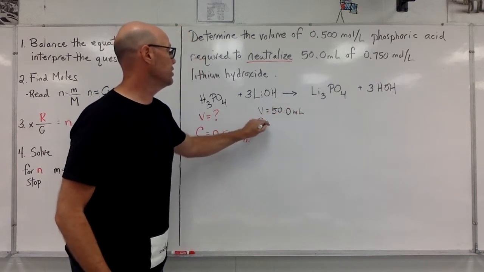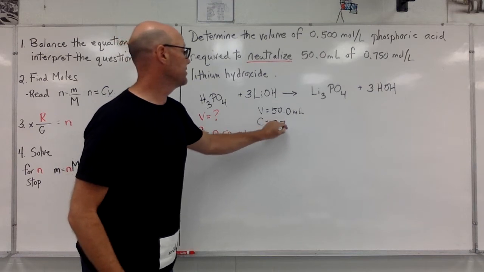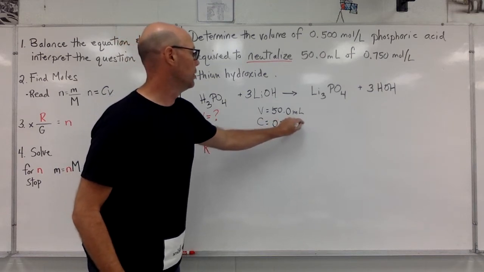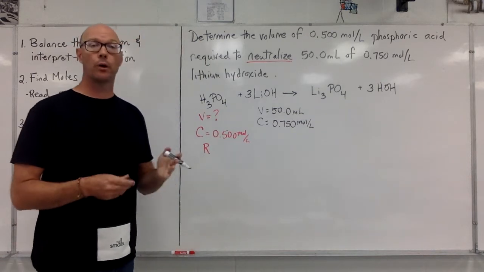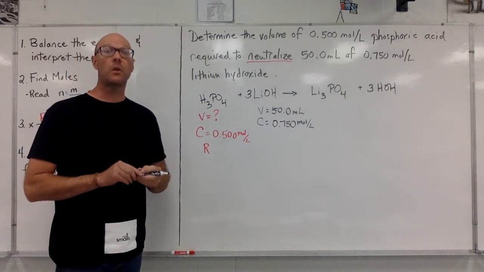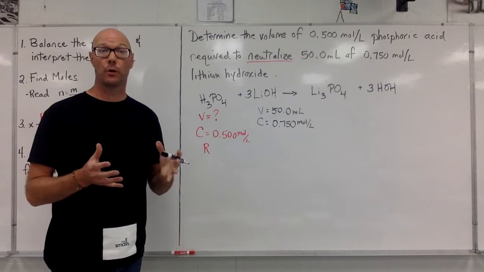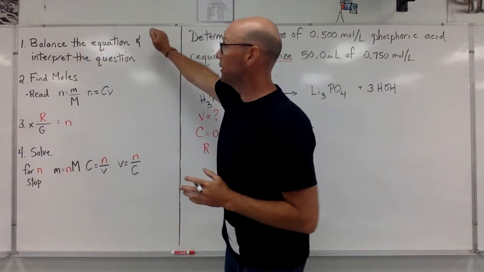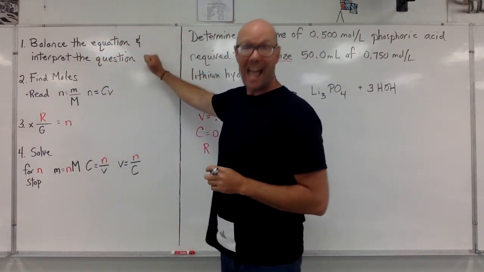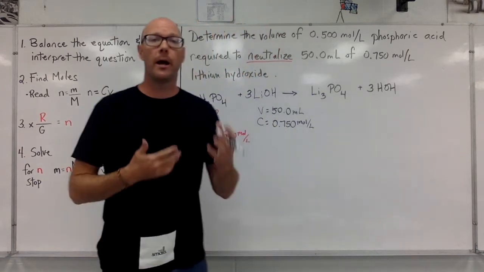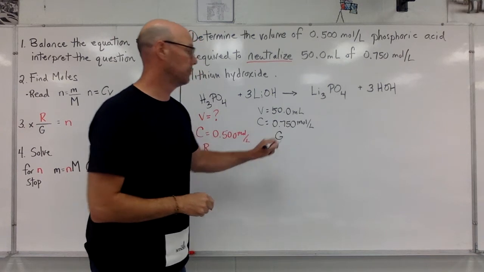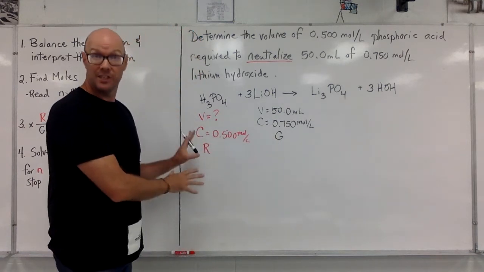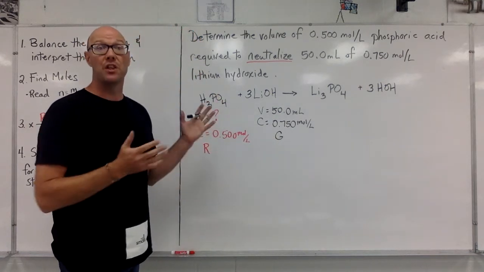The concentration, 0.750 moles per liter. We have all of that worked out. Now, we can get to actually doing the work. Lots of work, figuring out the reaction itself, extra interpretation, more numbers to manage, but we're set up, and this is the G. Wherever the question mark is the R, the other set, the G.